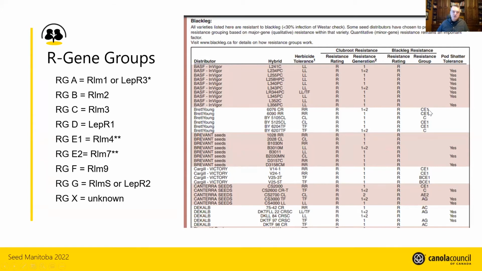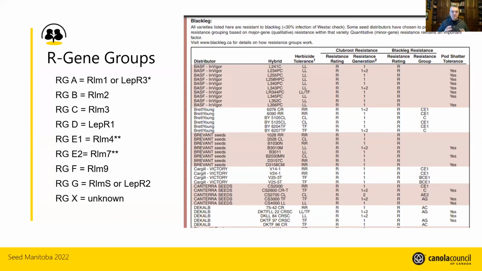That means it has two different resistance genes in it, resistance gene C and resistance gene E1. There's other cultivars out there that'll have like AE2 or AG. So when you have multiple RG labels, that means there are multiple resistance genes within those varieties.